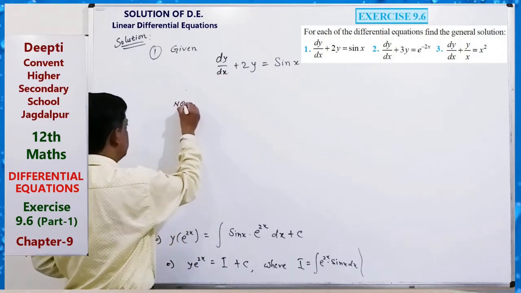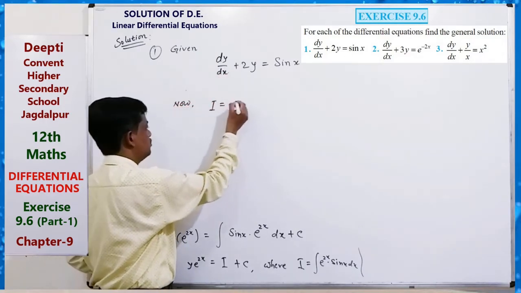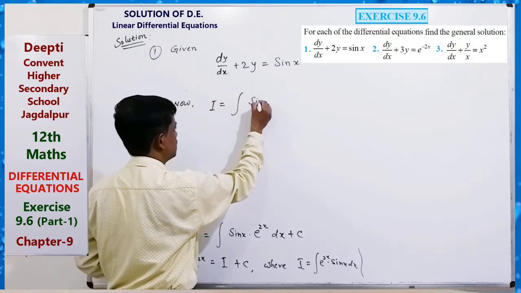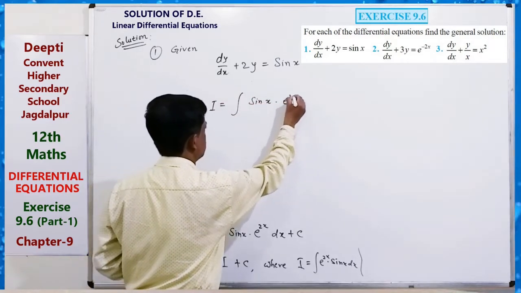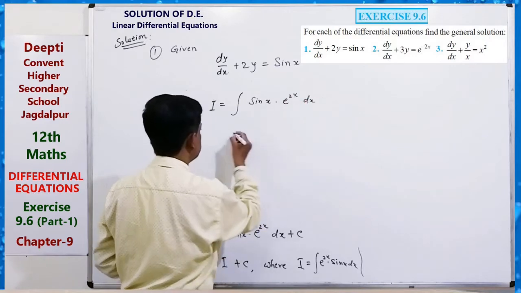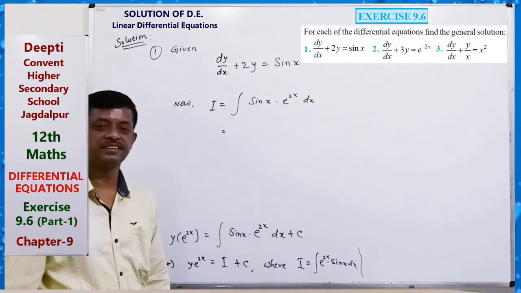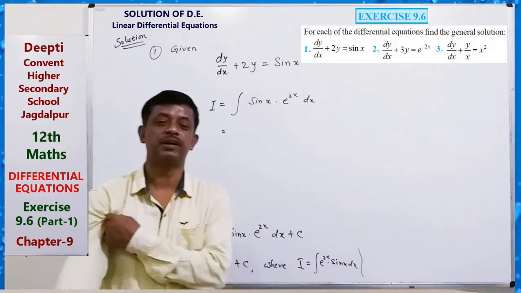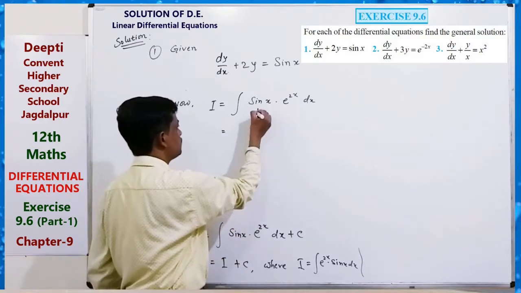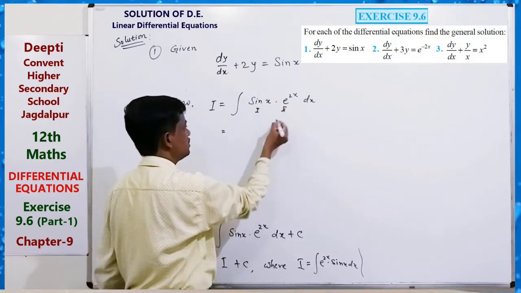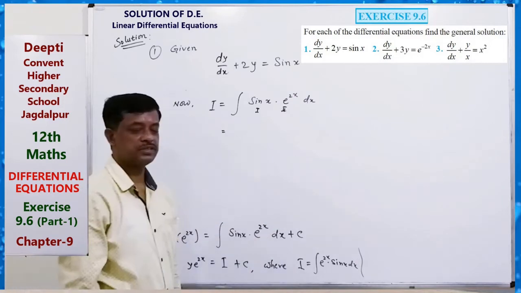Now I equals the integral of sin x into e to the power 2x dx. It can be solved by which method? Product of two functions, by parts. Here sin x is the first function and the exponential is the second function.